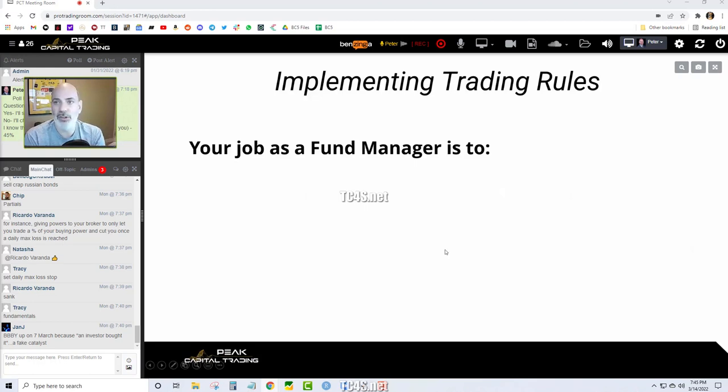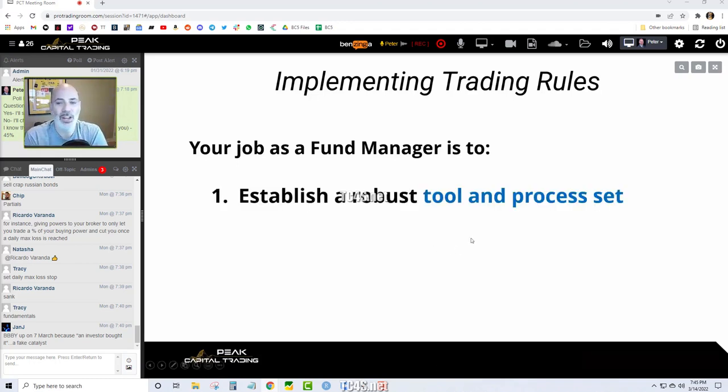Your job as a fund manager, and frankly, I use the term fund manager on purpose here. Fund manager is what people in a prop trading firm are often called. But even if your fund is your personal money, you're your own fund manager. Unfortunately, you're also your own risk manager, your own transaction manager, and your own coach.